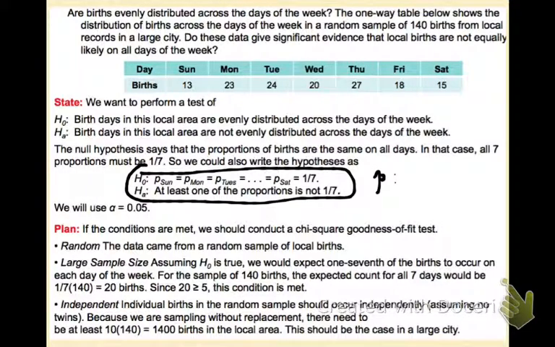What does P mean? You have to say P stands for the proportion of births of each day over the week, over the total. So you kind of get the idea.